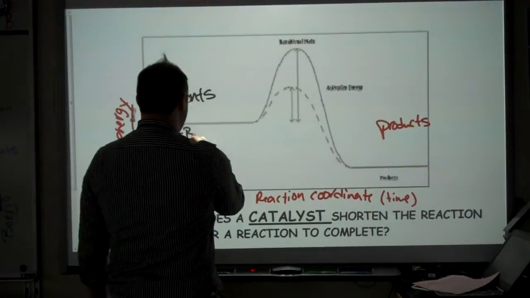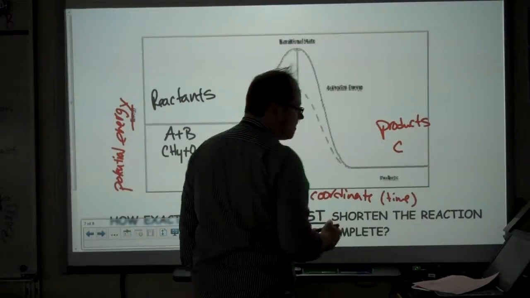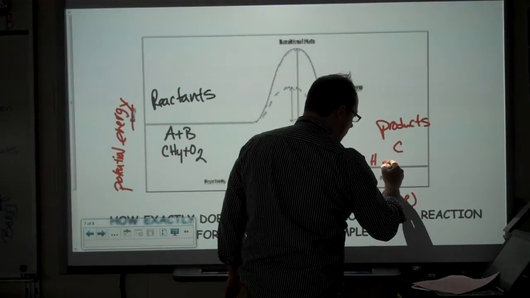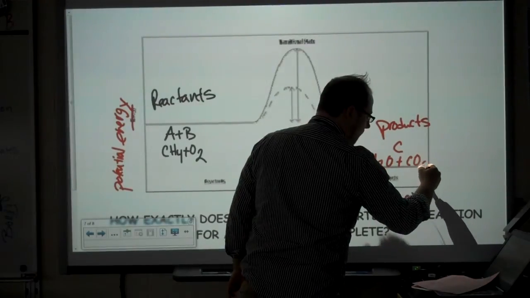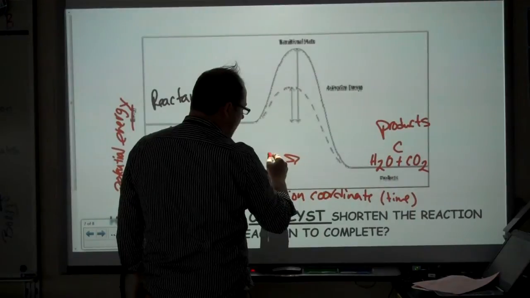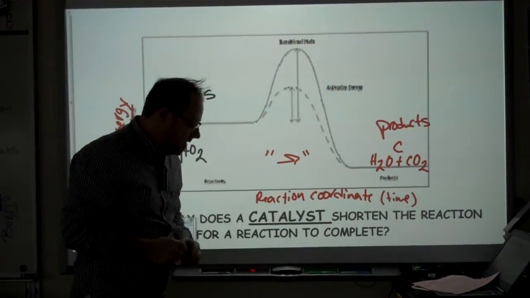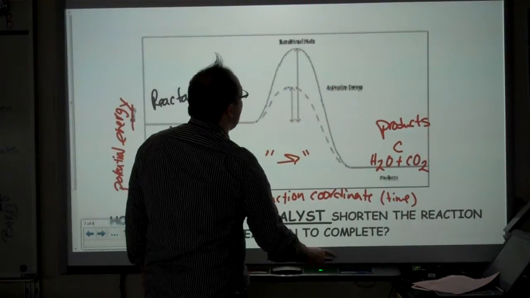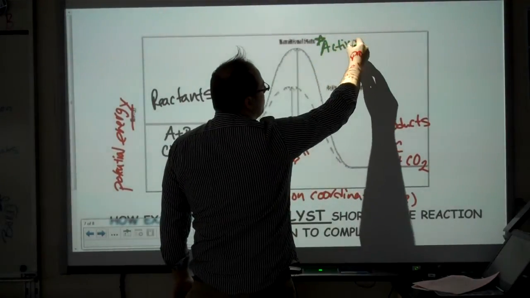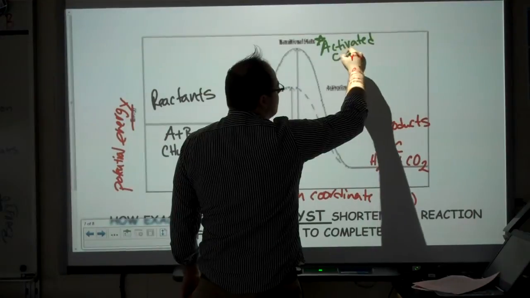In this case, if we're doing A plus B, we're probably making something like C, or our products of methane burning would be H2O plus CO2. And this big hump in the middle represents the path that happens during the reaction. At the very top, we have the activated complex.